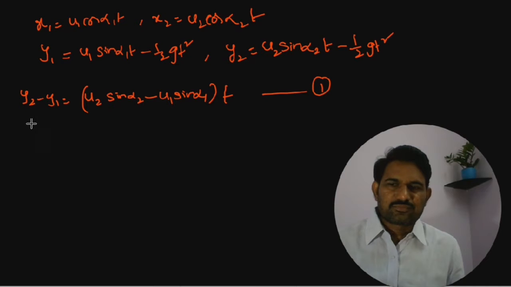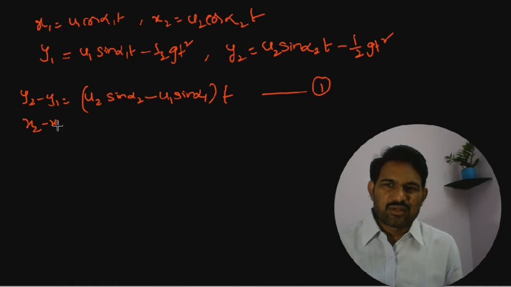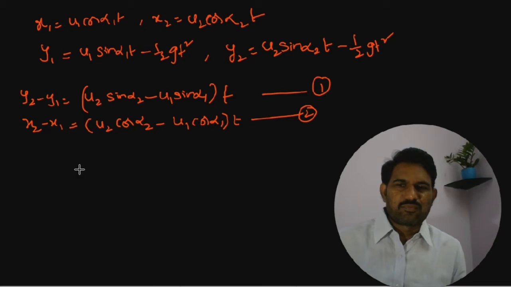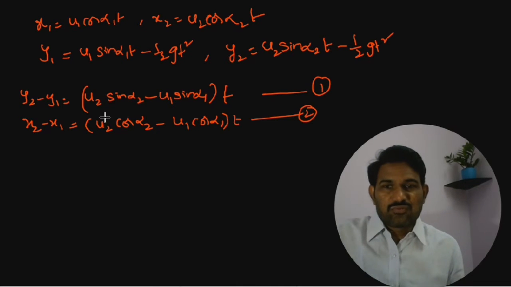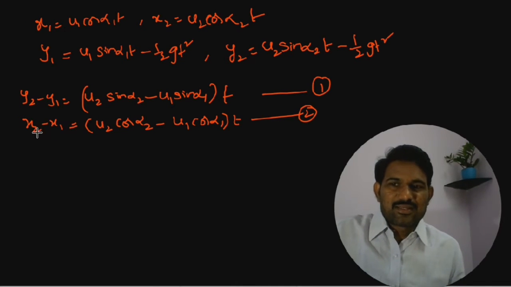Then x2 minus x1 is u2 cos alpha 2 minus u1 cos alpha 1 into t. This is equation 2. These are the relative displacements, the displacement of 2 with respect to 1.